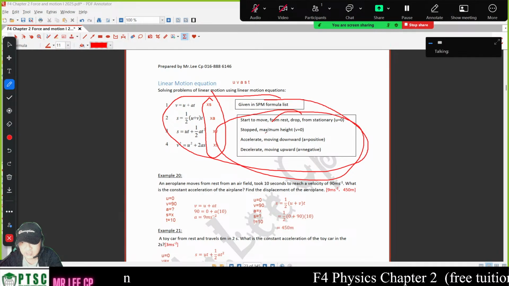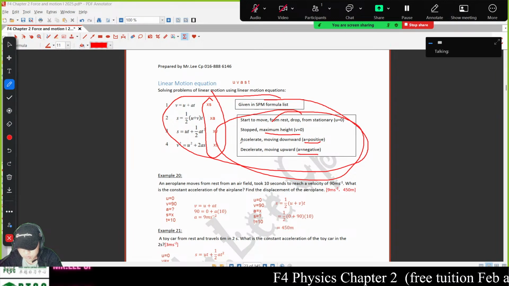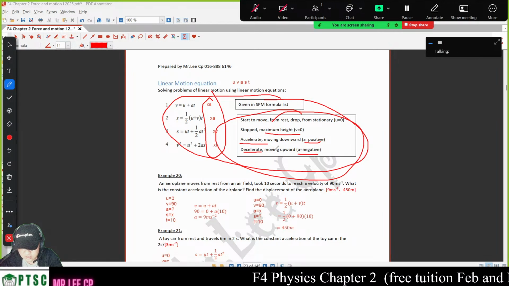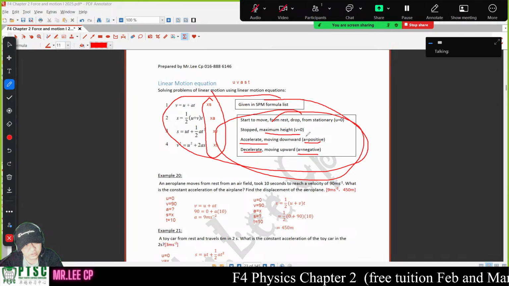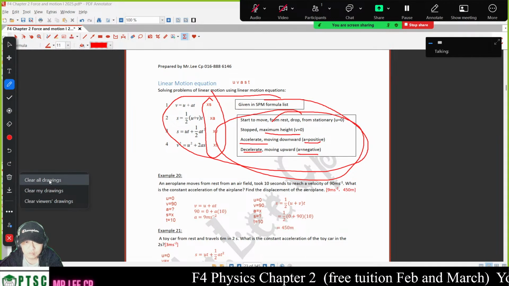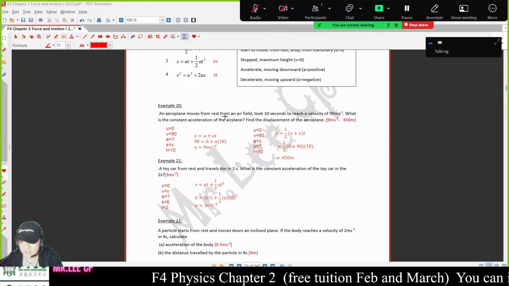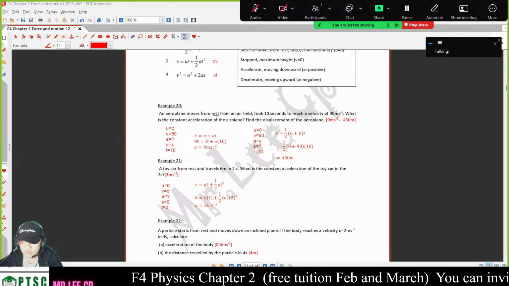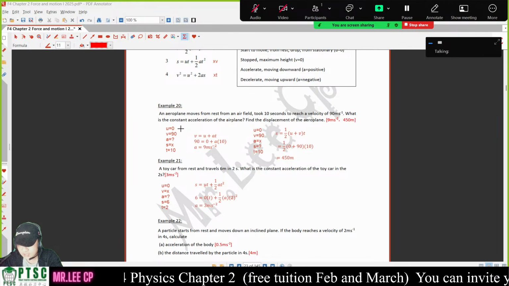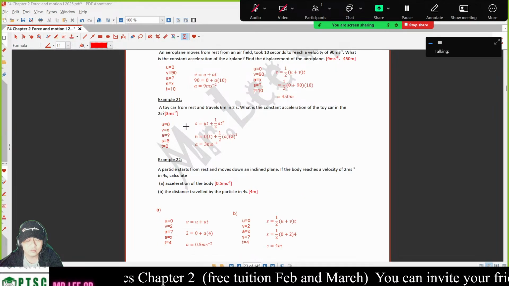It is hidden, like maximum height, like the gravity is positive or negative, right? So moving upward or downward, you need to know the A is positive or negative, or from rest. If you don't know, for example, you cannot find the U, then you just put U as 0. If not, you cannot do it.